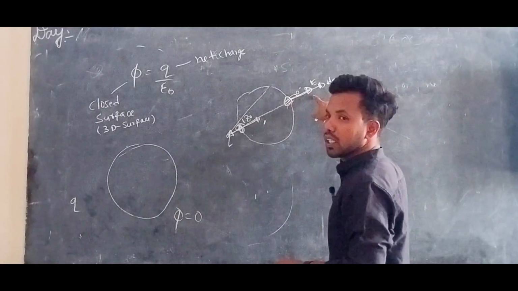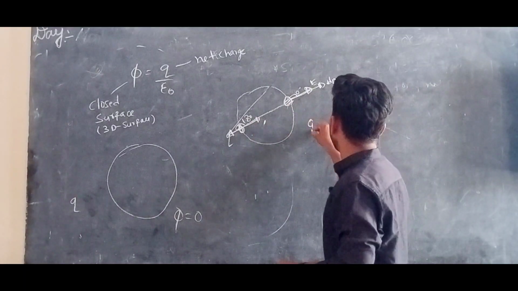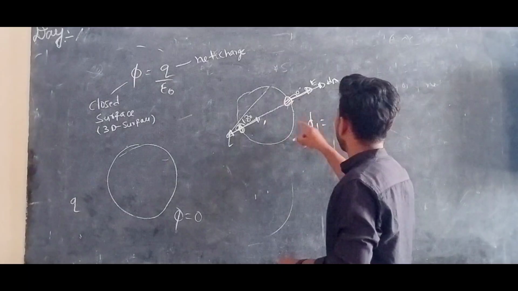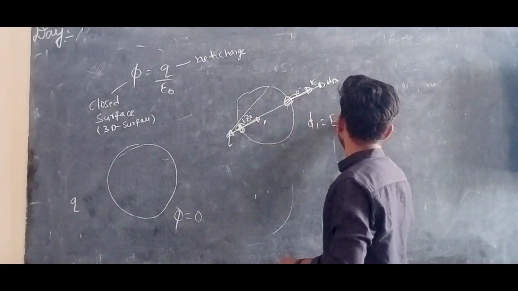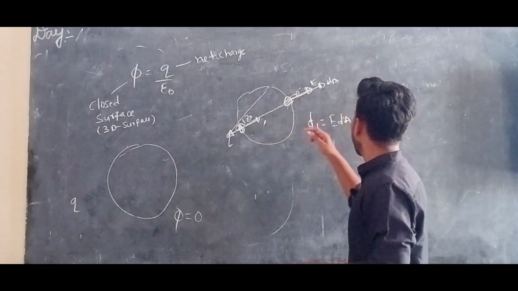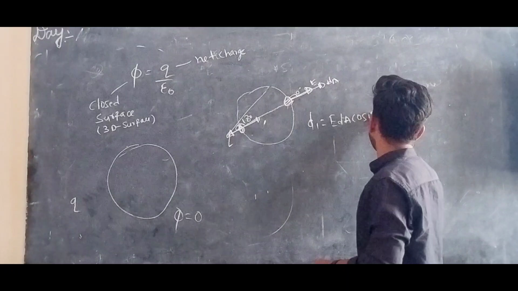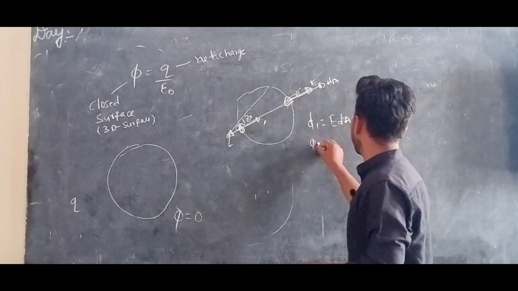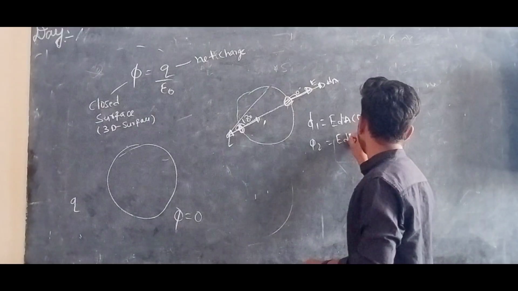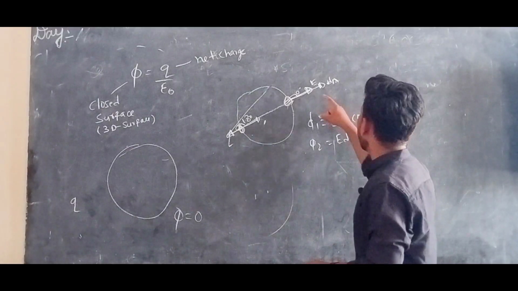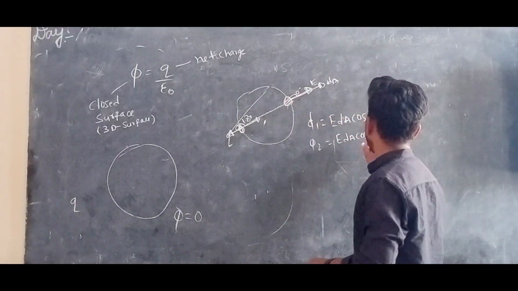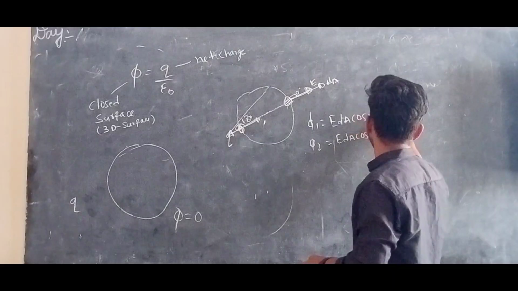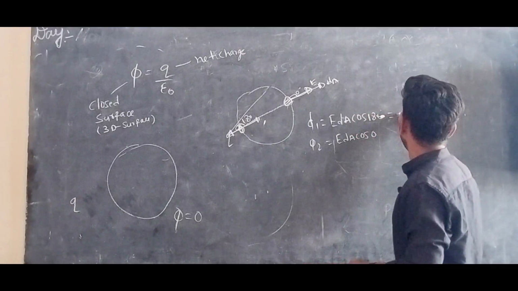Flux one is equal to E into dA cos 180. Here flux two is equal to E into dA, and the angle here is 0. So what is the cos 180 value? Minus 1.